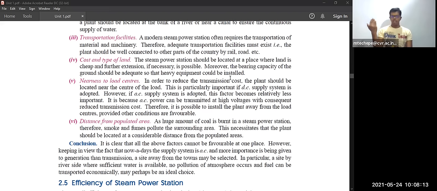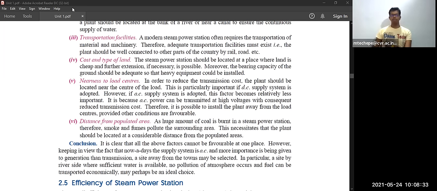For that, the airplanes will come to the goods yard, the customs yard. From there again, you have to carry them by lorries. So that is a very difficult task.